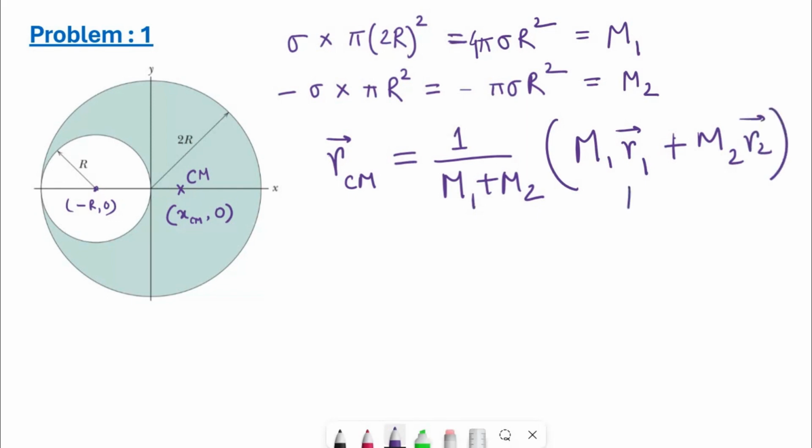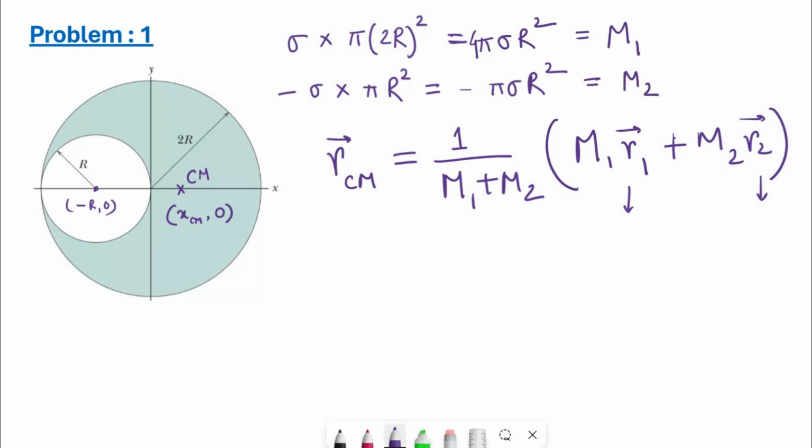Now what is r1 and r2? Well, r1 is the center of mass of the whole object and r2 is the center of mass of the missing object. And yes, we can use the center of mass of an object as the position for that object, because that's what center of mass was supposed to do.